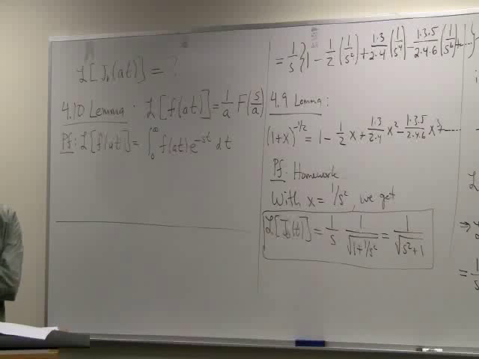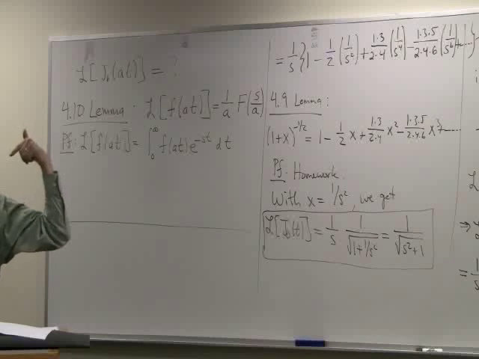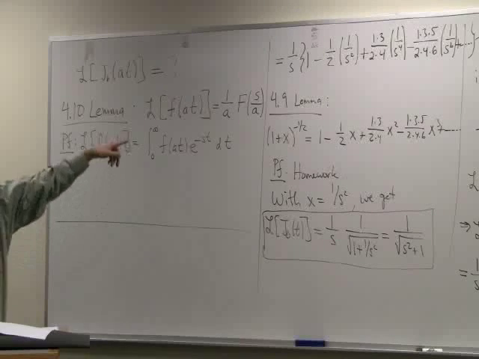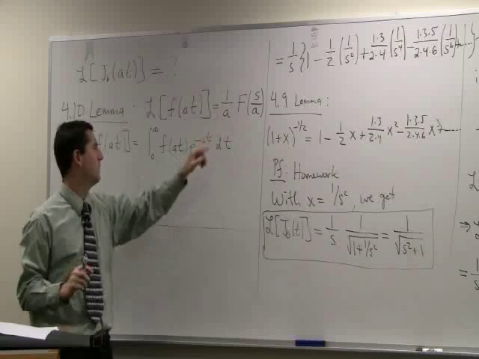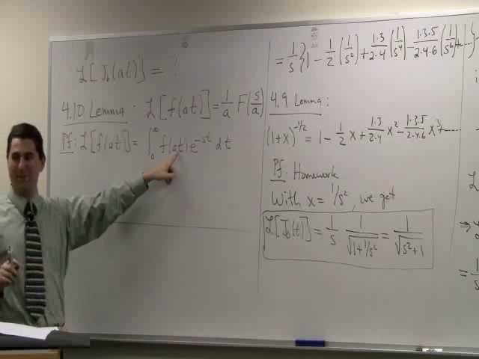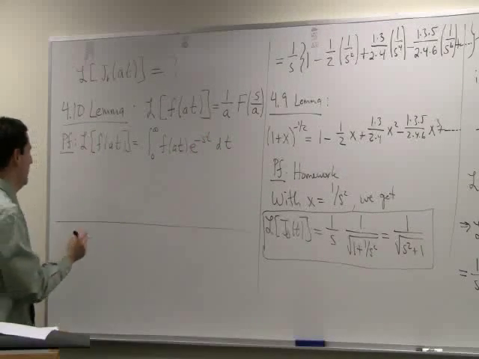If I was going to integrate something like e to the 2x, what would you do? You do substitution. You do u equals 2x. And then what happens? You pull a 1/2 out, right? Okay, so if we want to get a 1 over a out, it looks like substitution u equals at sounds pretty darn good.